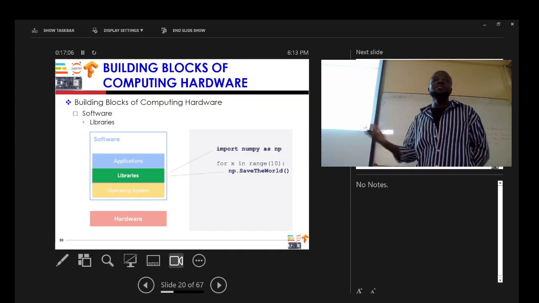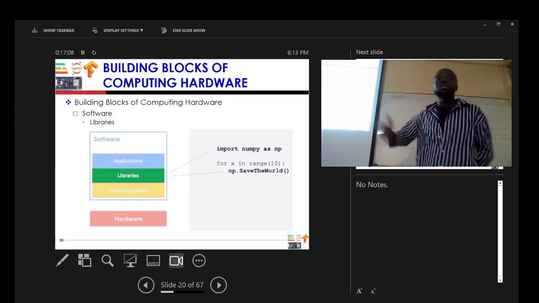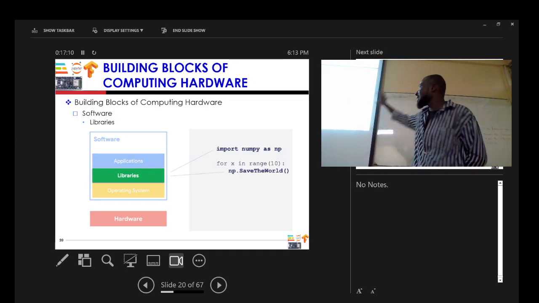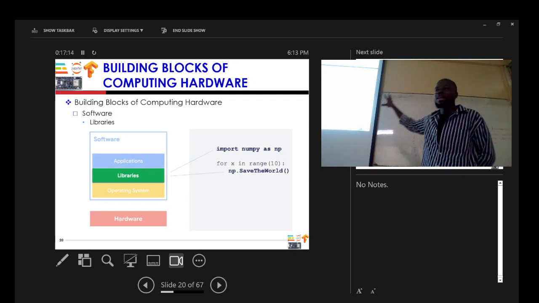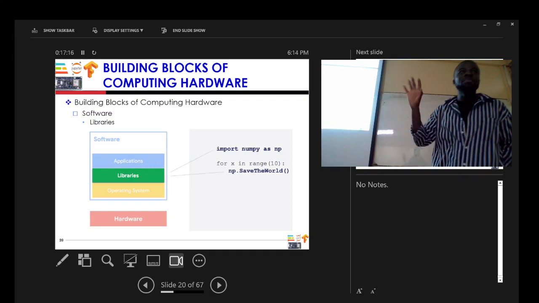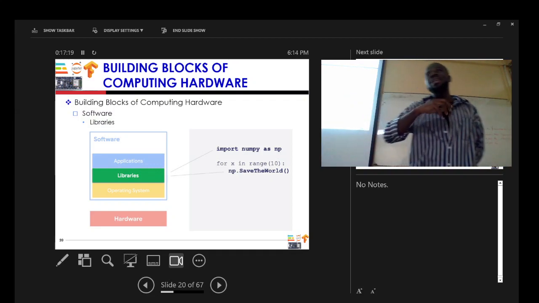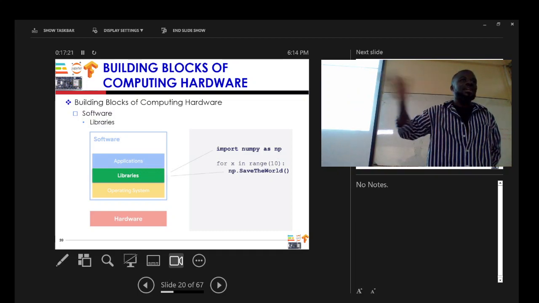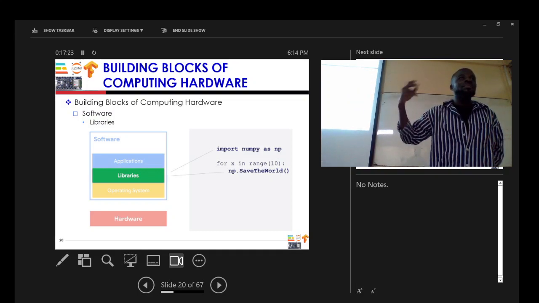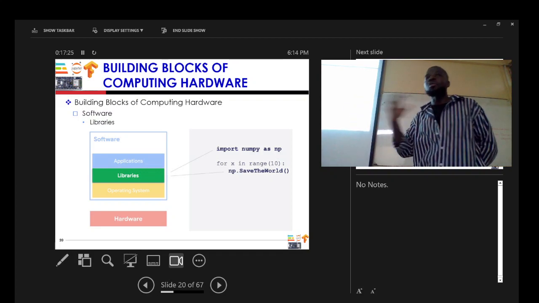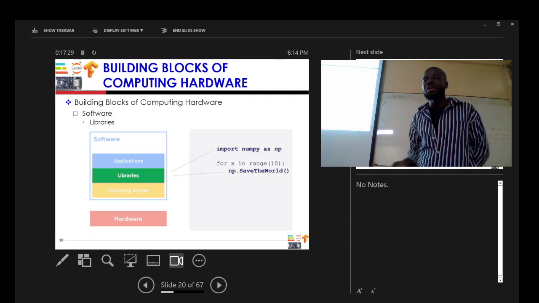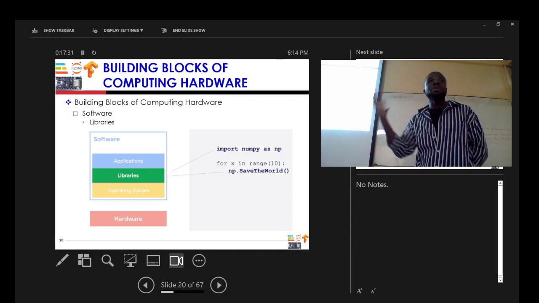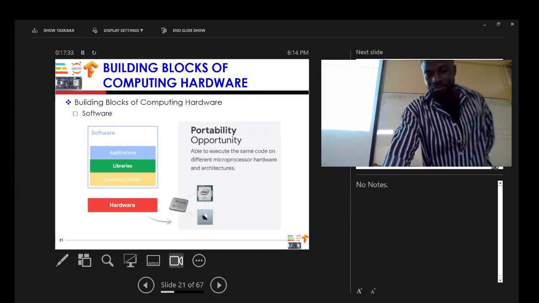It makes it easy for you to manipulate arrays and matrices in Python programming. So this is a library, right? And this NumPy library can run on most CPUs, be it Windows, Mac, or Linux. It can run on all of them. So it is actually very portable. It can run on all of these, right?